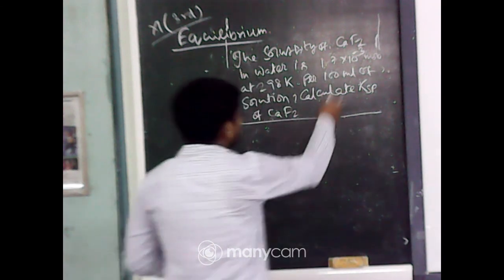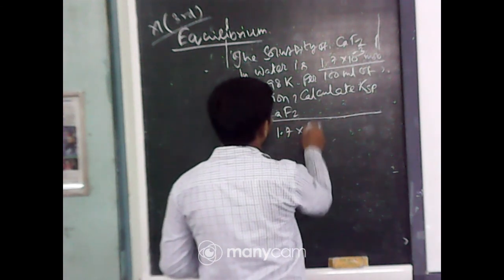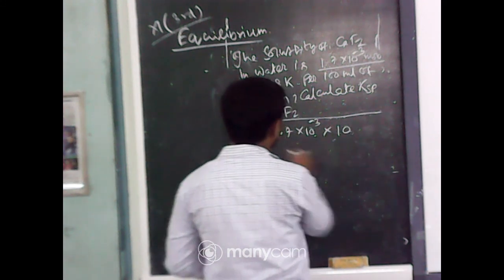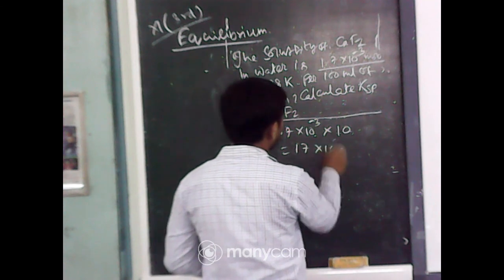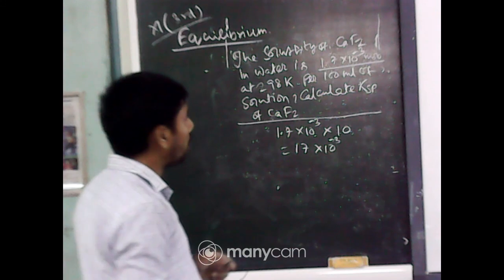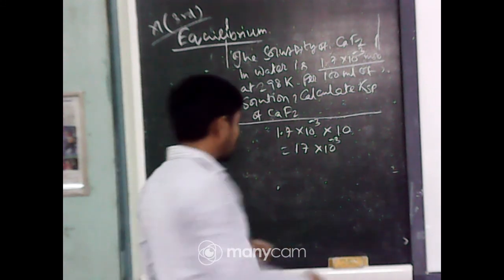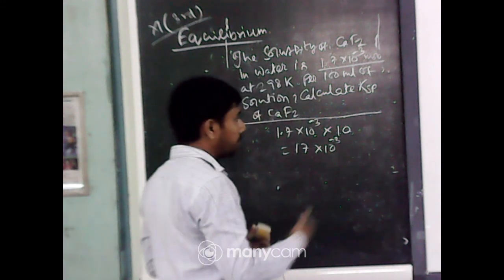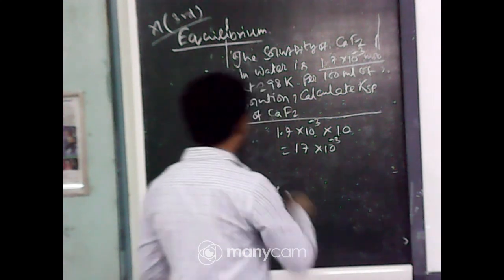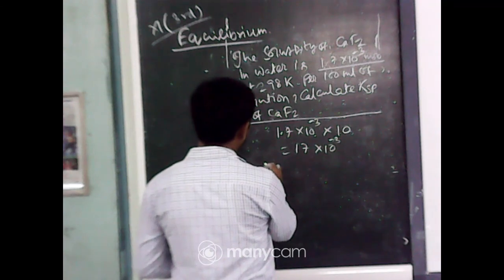Now it is given as 1.7 into 10 to the power minus 3 in 100 ml. So in 1000 ml it will be multiplied by 10, that is 17 into 10 to the power minus 3. Now this small amount can be dissolved in 1000 ml of the solvent. Now what is the solubility? How can we calculate it?